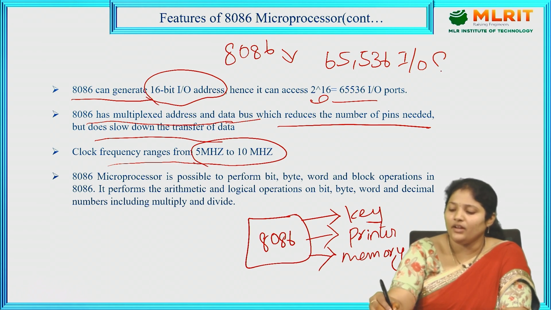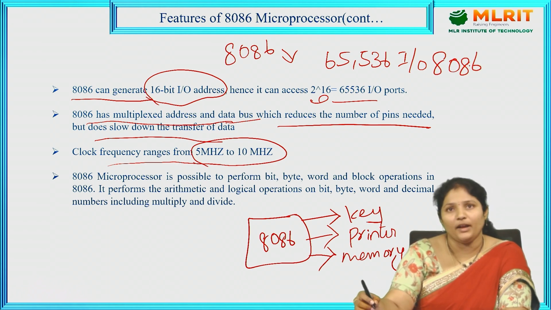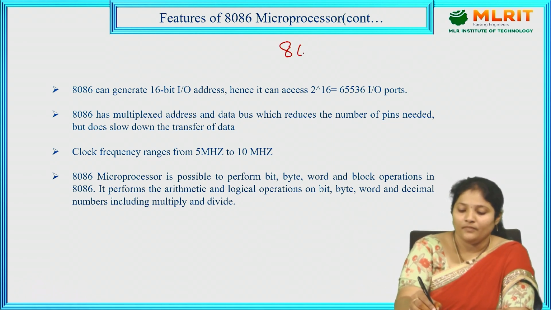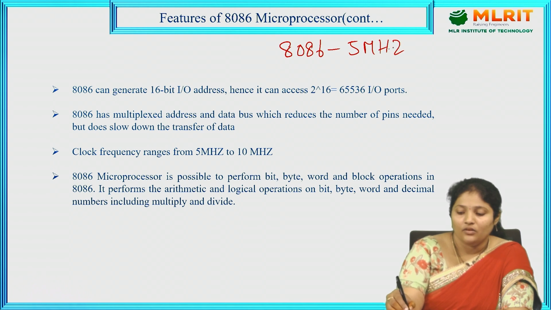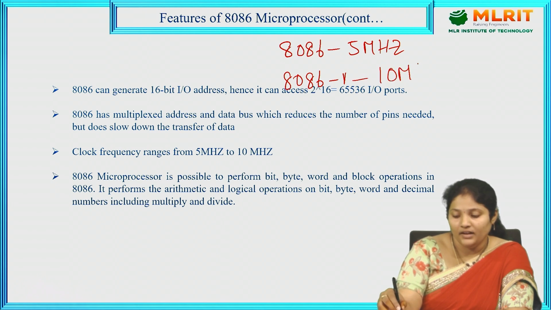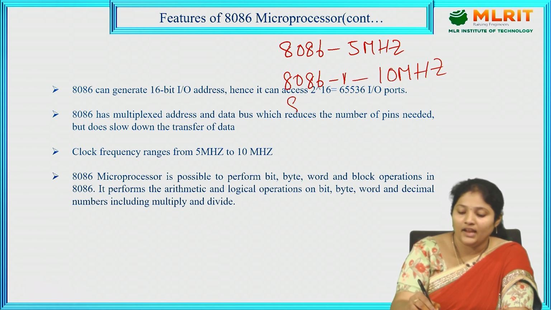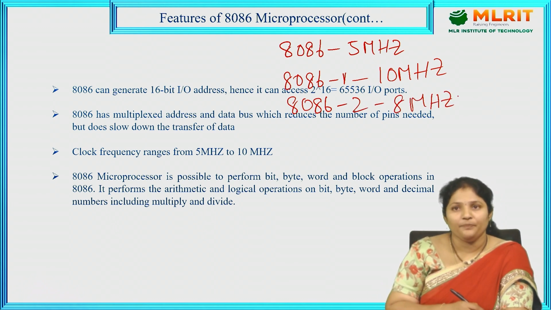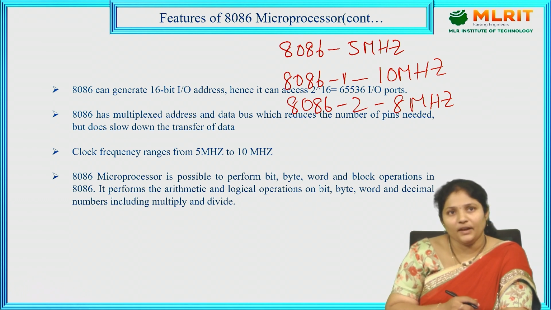There are three versions of the microprocessor: 8086 operates at 5 MHz, 8086-1 operates at 10 MHz, and 8086-2 operates at 8 MHz. These are the series of microprocessors that come under the 8086 microprocessor.